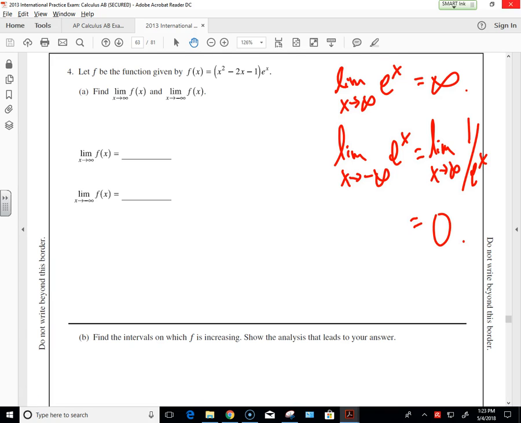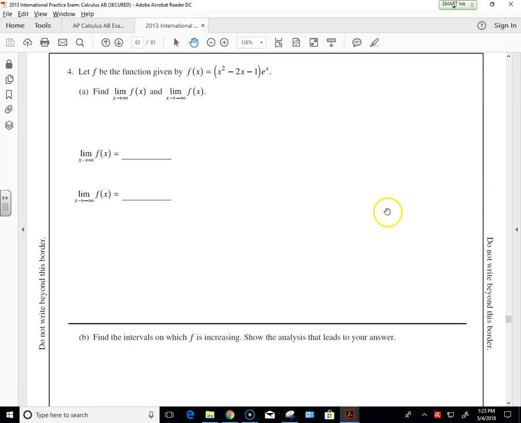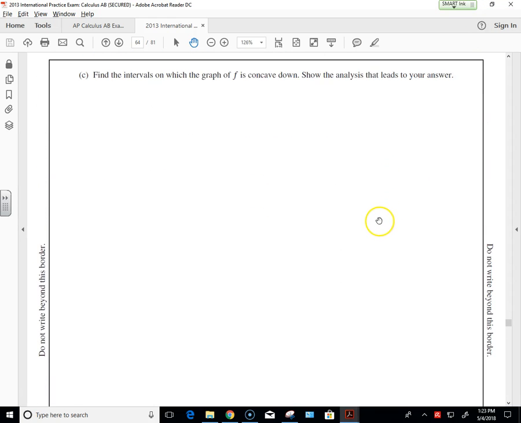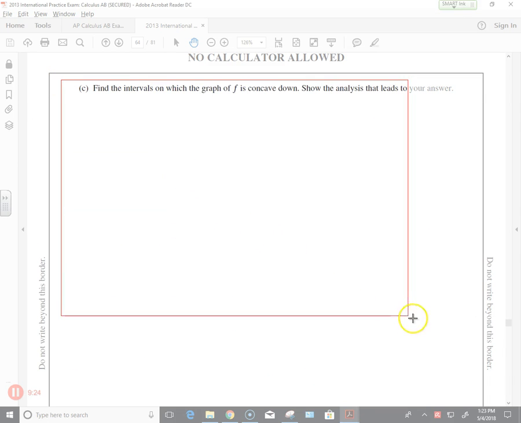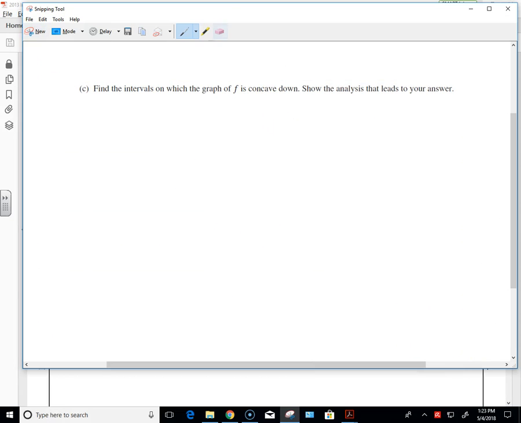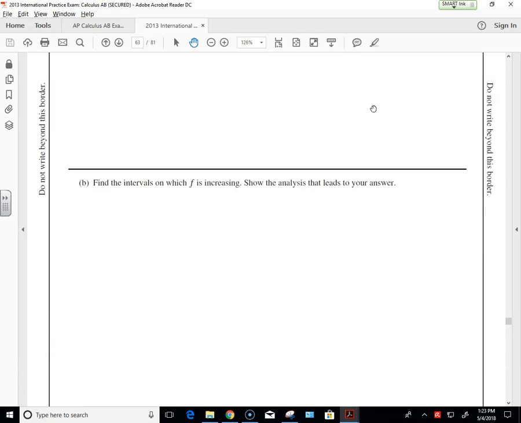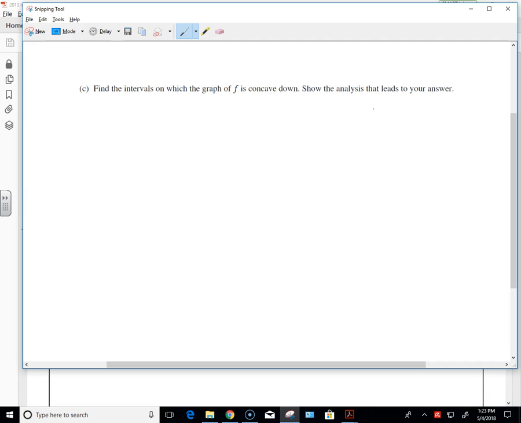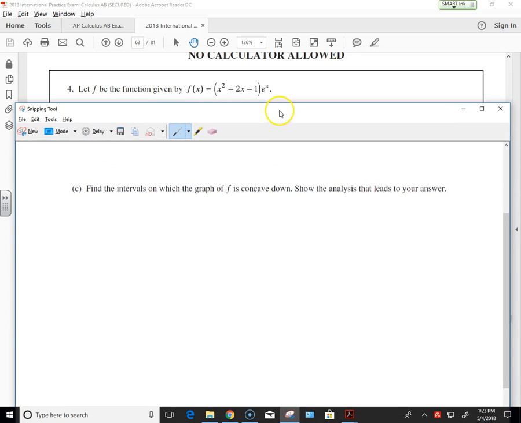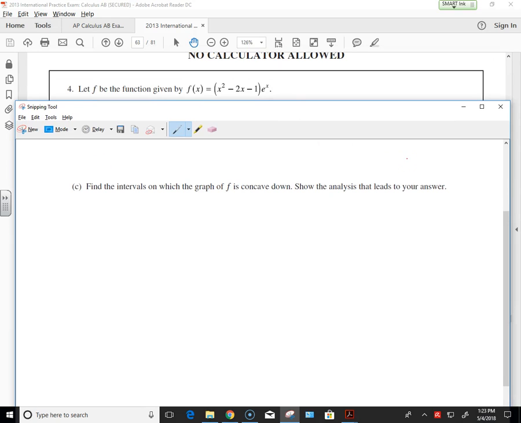C. You guys have the function to keep me honest? Actually, let me just do this. It's easier, it's faster. Here we go. C. Find the intervals on which f is concave down. That's the second derivative. Second derivative is negative. Well, don't you need the second derivative first?